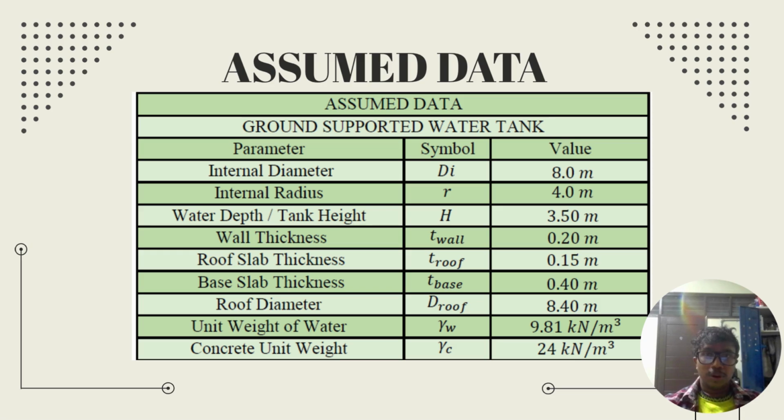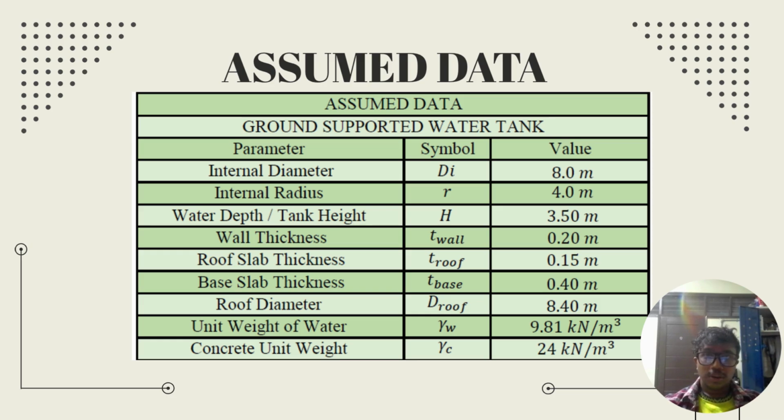Now I'm going to talk about the assumed data. We assumed a ground supported water tank, with the parameter, the symbol and the value. Internal diameter is 8 meter. Secondly, the internal radius is 4 meters. For the water depth, height is 3.5 meter.